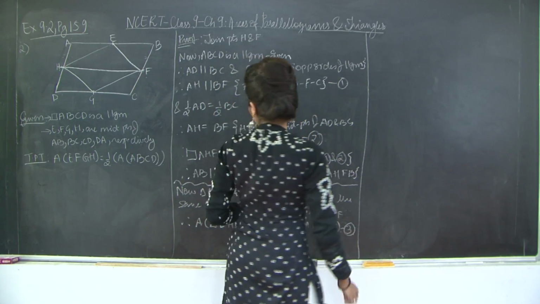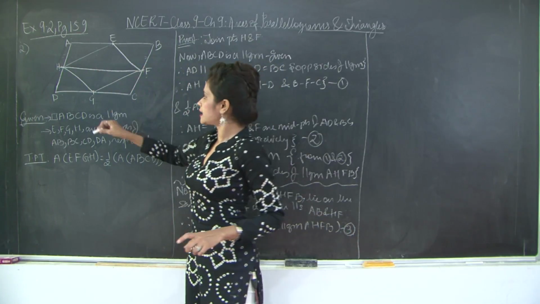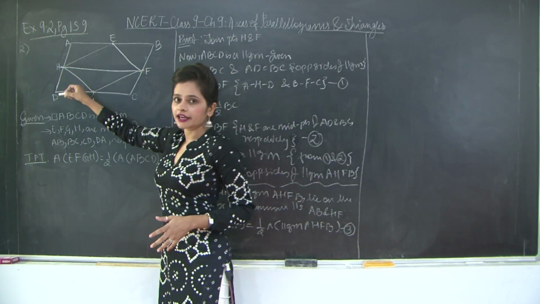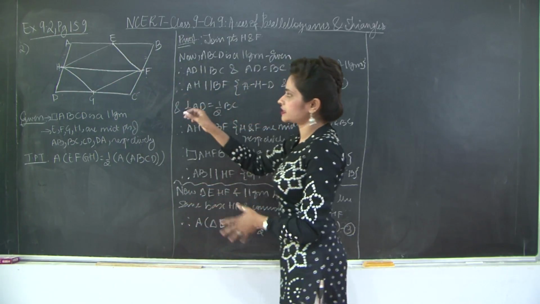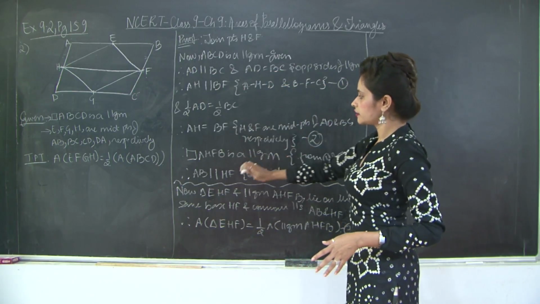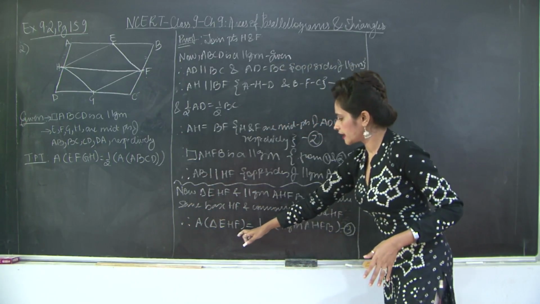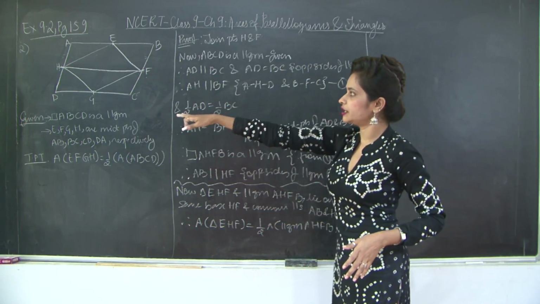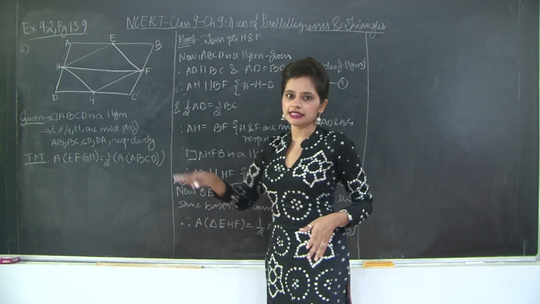Similarly, what can you prove? That area of triangle GHF is half the area of parallelogram HFCD. You will prove that HFCD is a parallelogram just like you did here, and then show that HF is parallel to DC and that area of the triangle HFG is half area of your parallelogram HFCD, right?